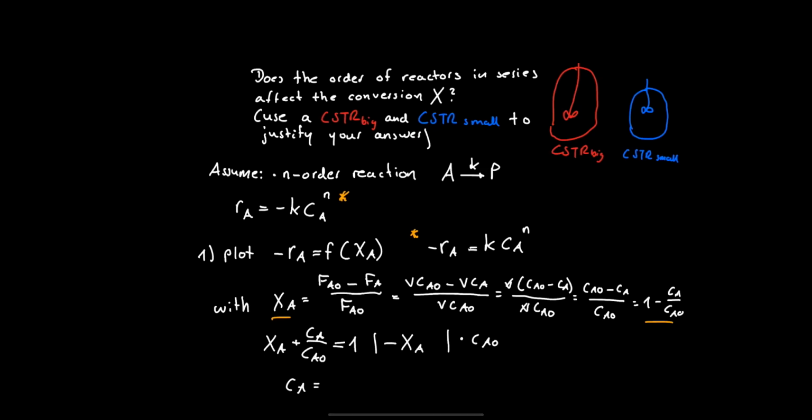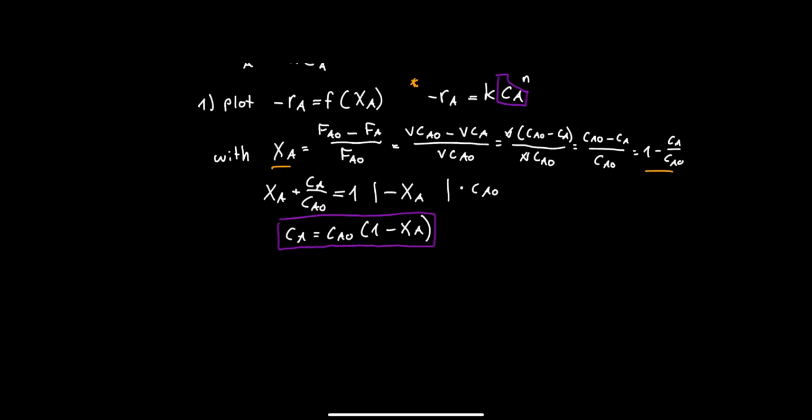So CA is equal to CA0 times 1 minus conversion of the species A. And this term we will insert right here. So negative RA is going to be equal to K times CA0 times (1 minus conversion A), parenthesis closed again, elevated to n.